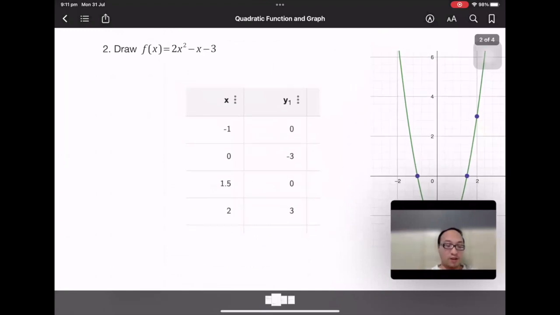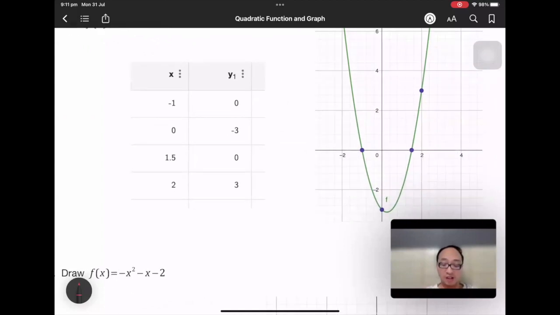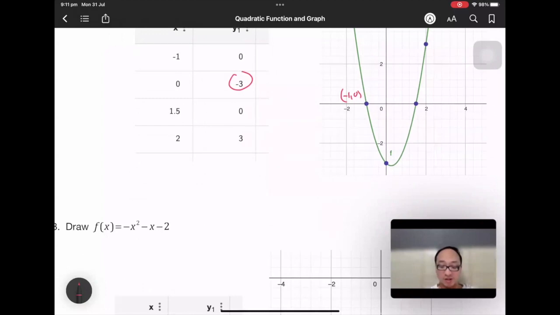Number 2, draw the function of 2x squared minus x minus 3. We do the same thing and replace the values of x. If I have -1, I will have 0. So this is -1, 0. If I put 0 into the equation, it is 0 minus 0 minus 3, which equals -3. So 0, -3 will be here.